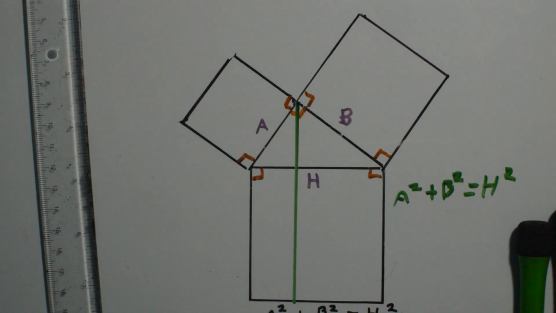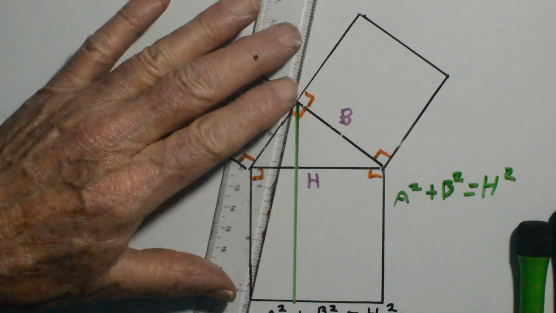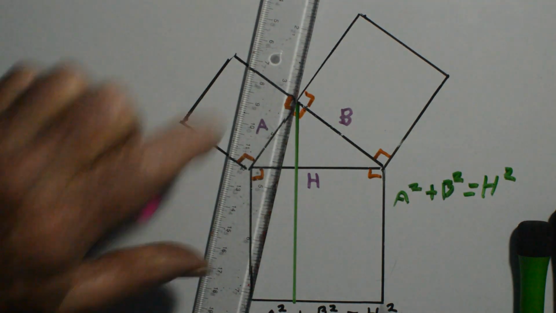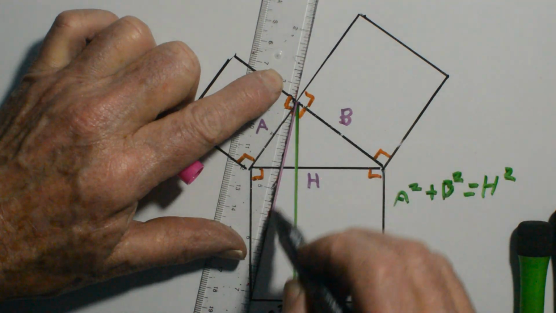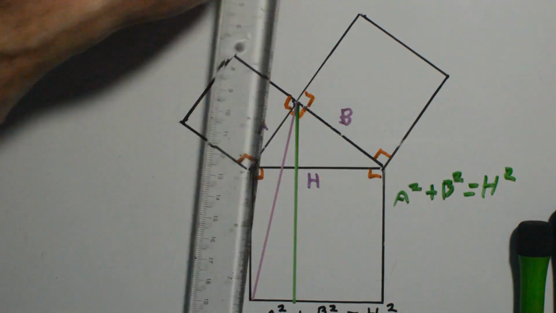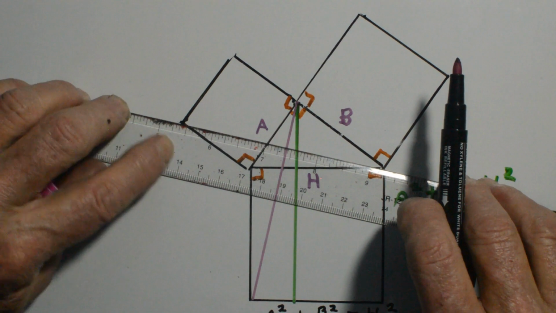So to do this, we're going to draw a couple more lines. This line right here and this line right here.